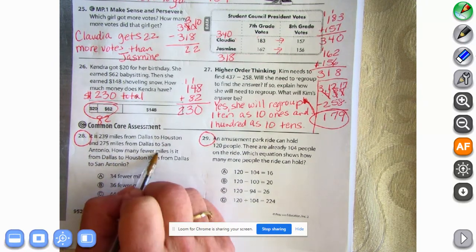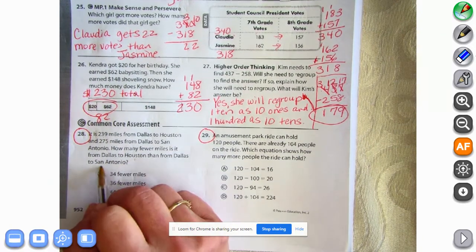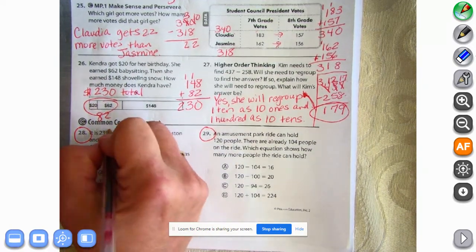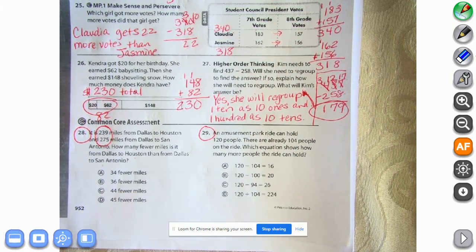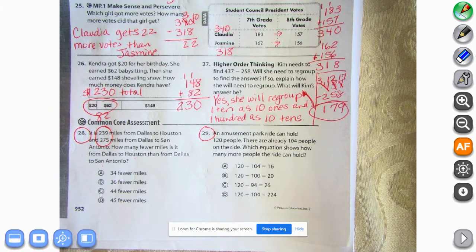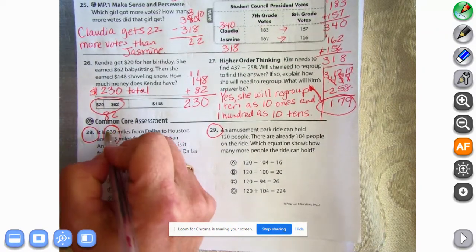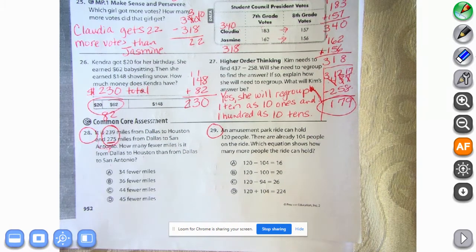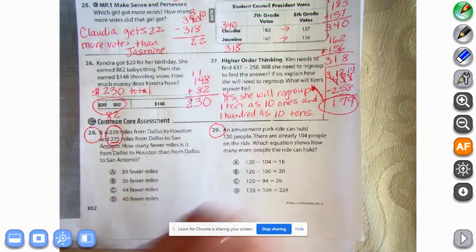How many fewer miles is it from Dallas to Houston than from Dallas to San Antonio? So we're going to be subtracting these two. What number goes on top? Always remember, the biggest number goes on top, and you're going to write the smaller number under it. Subtract it and find out how many fewer miles.